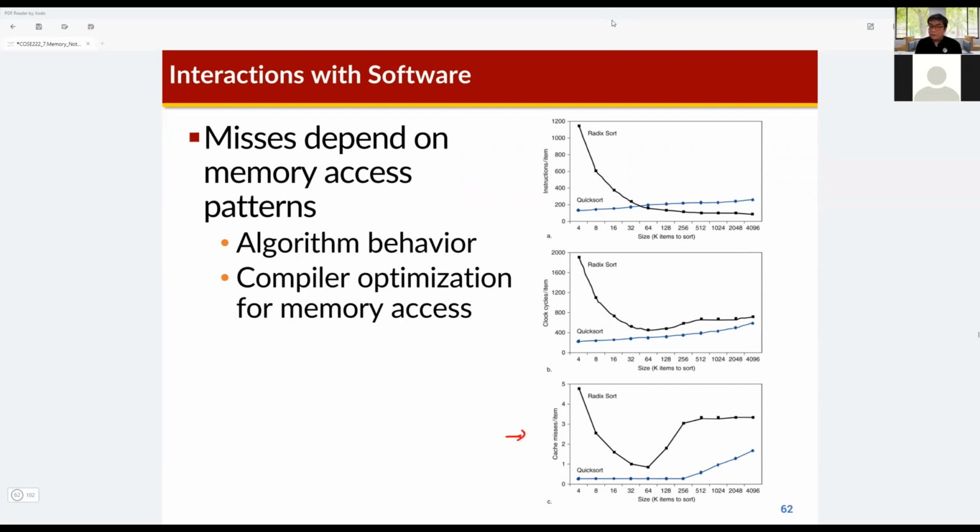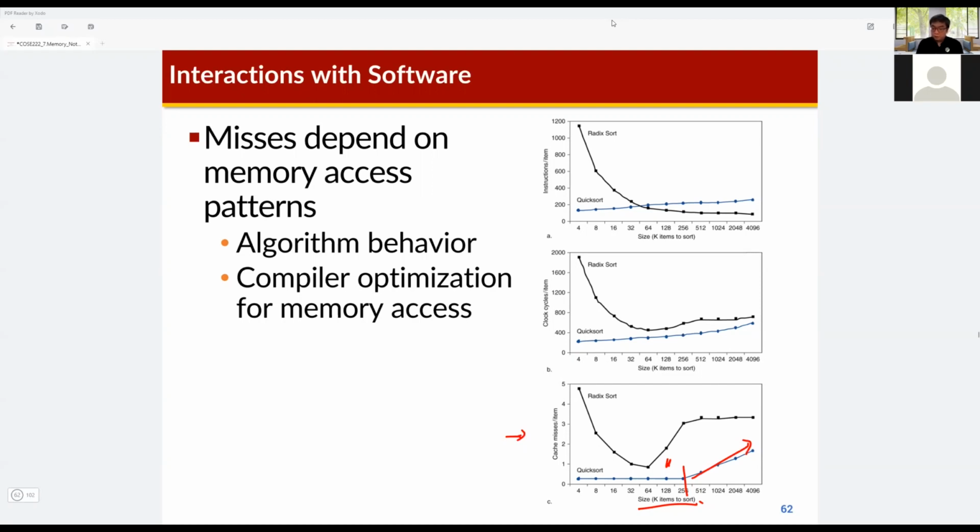applications also exhibit some unique cache access characteristics. As you can see in the quick sort, the cache misses per item is really the same, but if the number of items increases and goes over 256, then we can see that cache misses increase linearly.